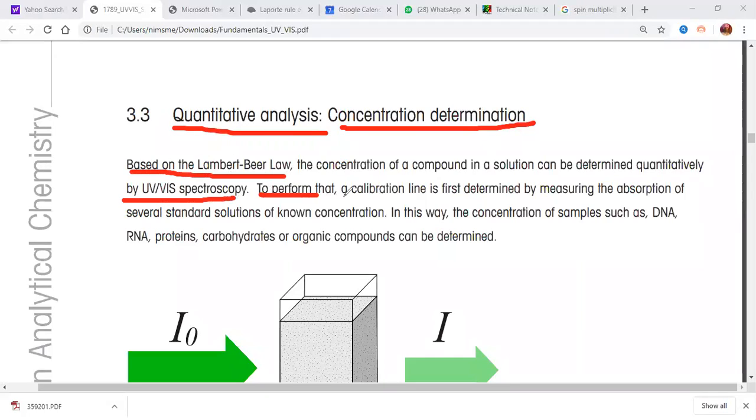To perform that, a calibration line is first determined by measuring the absorption of several standard solutions of known concentrations. In this way, the concentration of samples such as DNA, RNA, proteins, carbohydrates, or organic compounds can be determined.